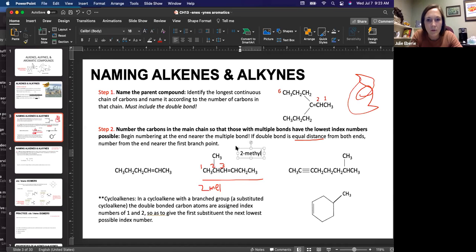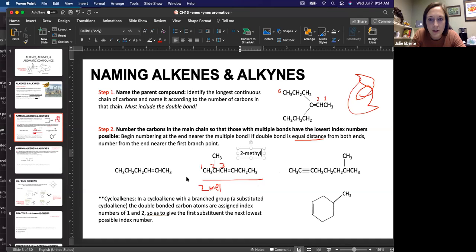And then how many carbons do we have in the chain total? We actually didn't finish numbering it. 1, 2, 3, 4, 5, 6. We would be tempted to say hexane, but this is an ene, right? So it's got to be hexene. So 2-methyl, and we have to include a number that tells us where the double bond occurs. I think that is going to be on the next rule, so we didn't get to that rule just yet.